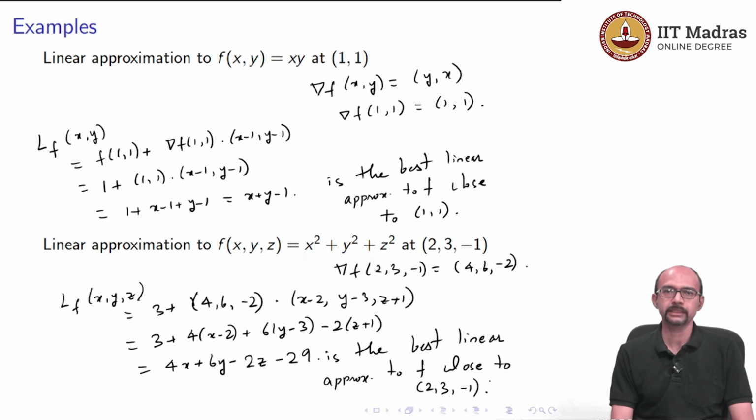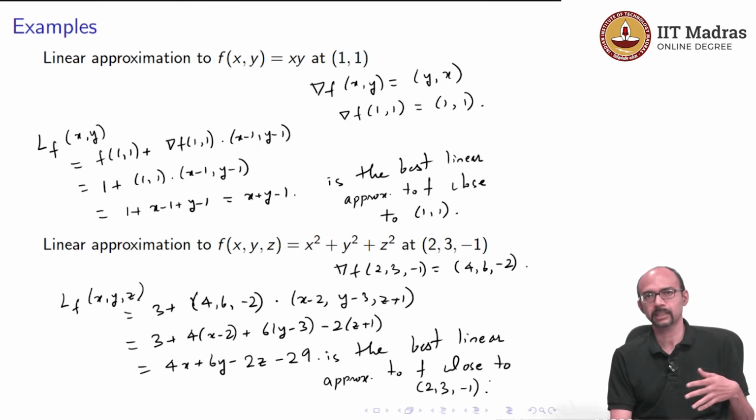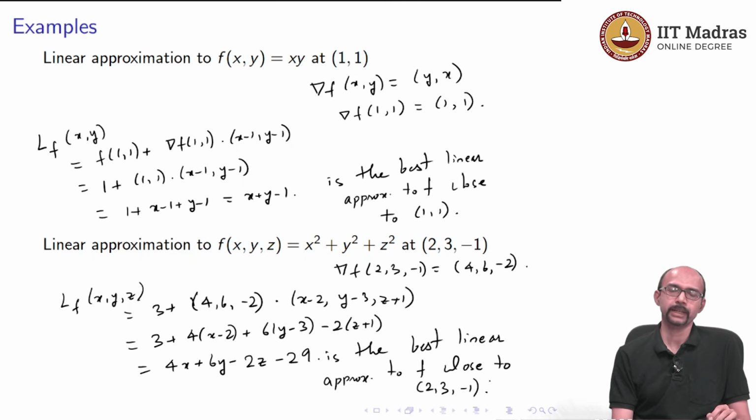Let us quickly summarize what we have done so far in this video. We have seen that the collection of tangent lines lies on a plane when we have a function of 2 dimensions or 2 variables, and if it is of several variables, it lies on a hyperplane, and we obtain the equation of this hyperplane by looking at the corresponding subspace, which is exactly given by the solution to a single equation.